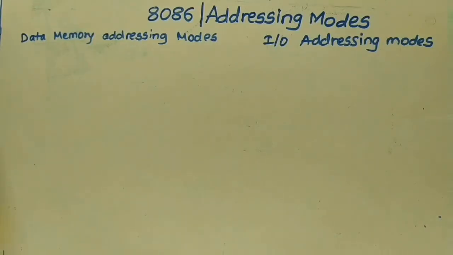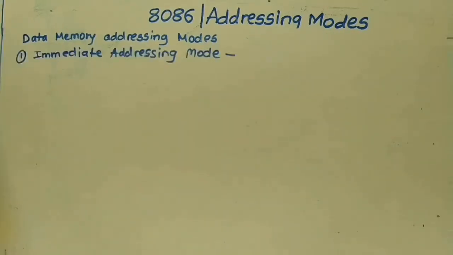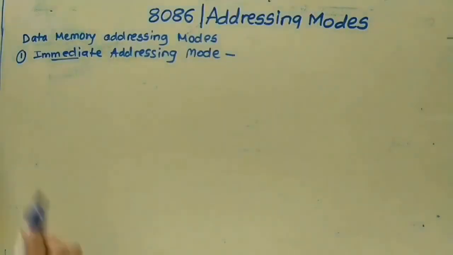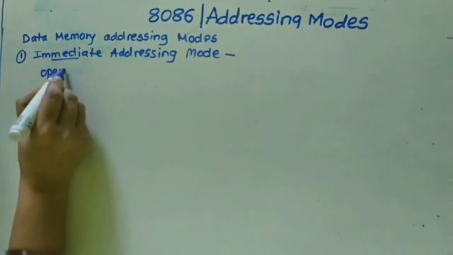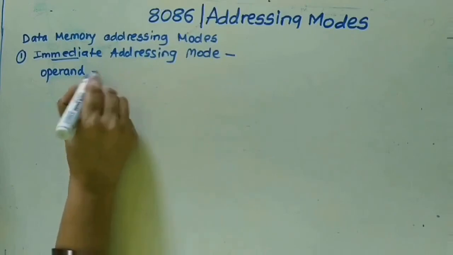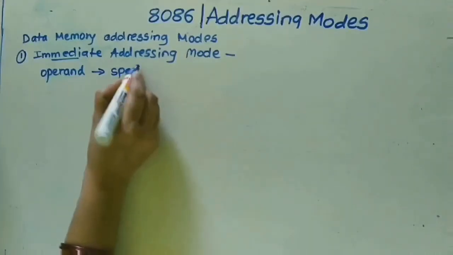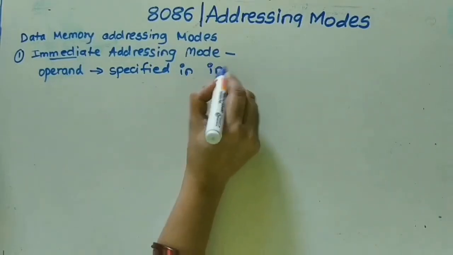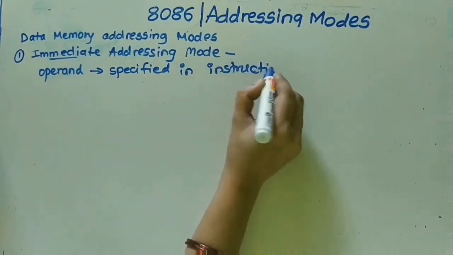So let's see the data memory addressing modes. The first one is immediate addressing mode. In this immediate addressing mode, the operand is specified in the instruction only.